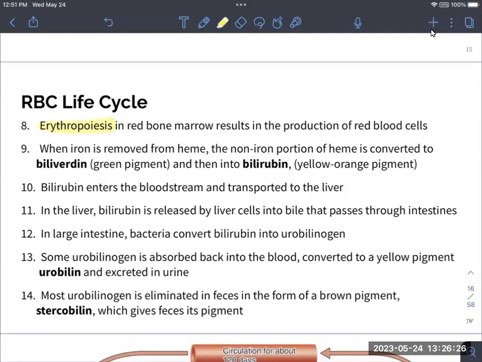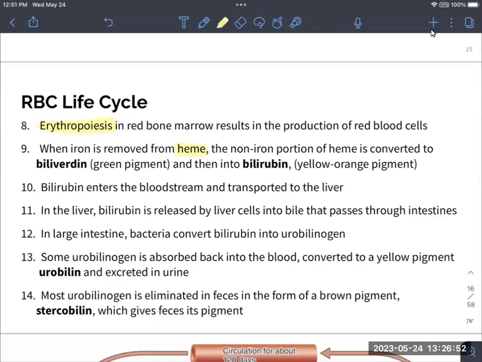we need to take some of these other parts that we could not use. There are certain parts of red blood cells as they break down that we cannot use. Heme is something that sometimes we can use, sometimes we can't.